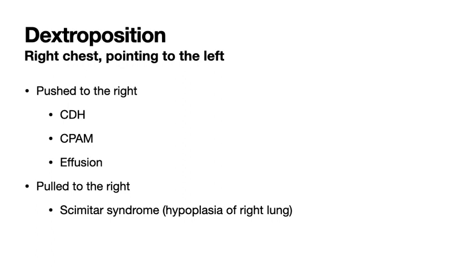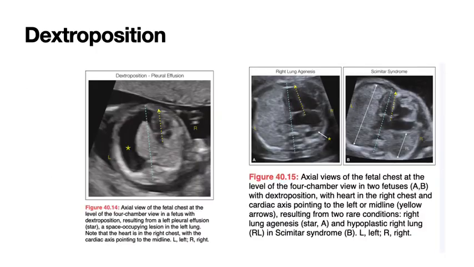Or you can have it pulled to the right. As you remember, scimitar syndrome was hypoplasia of the right lung and also an abnormal pulmonary vein that went down to the IVC in a curved scimitar shape. But the point is, if you don't have a right lung, or if it's very tiny, the whole heart shifts over.